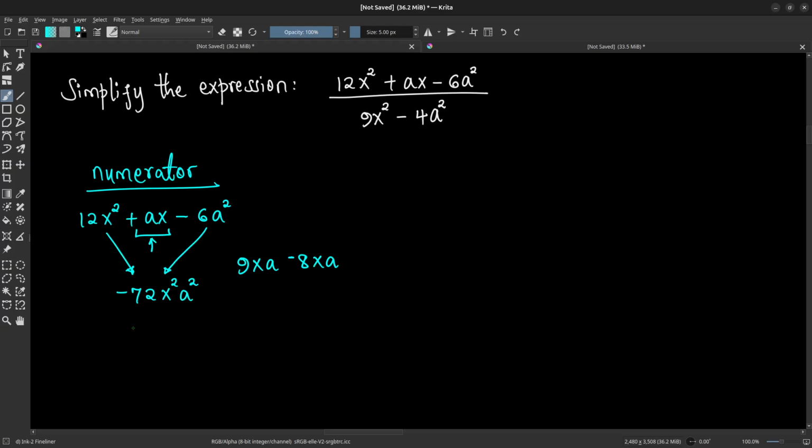So the middle term now becomes 9xa minus 8xa, and on the right we have minus 6a squared, and on the left we have 12x squared. So we are going to take these terms in pairs. The first pair is going to be this, and the second pair is going to be this.